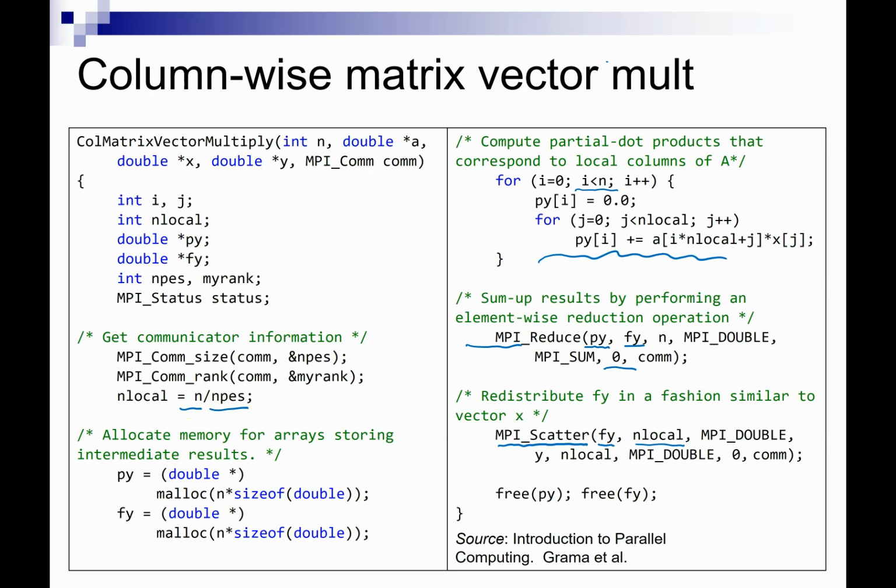So if you have 100 values and 5 processes, every process should get 20 values, so n local would be 20. You do the scatter operation from process 0, and now everybody gets their correct portion of y. So this is how you can do this linear algebra operation using these collective operations, the reduce and the scatter.